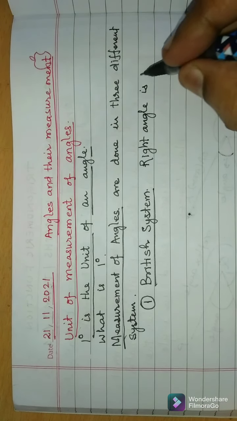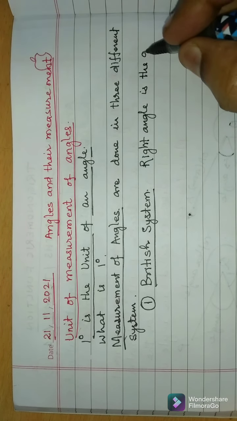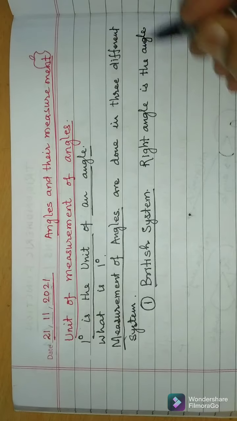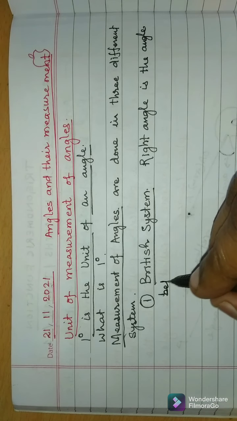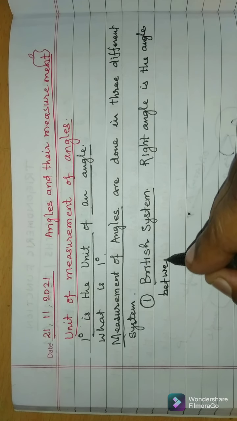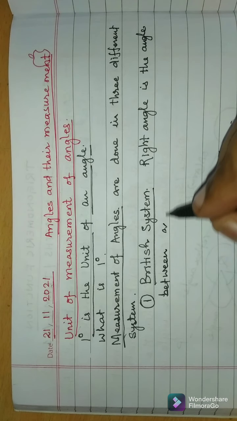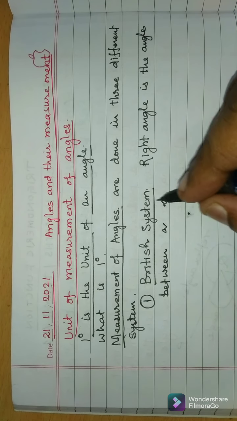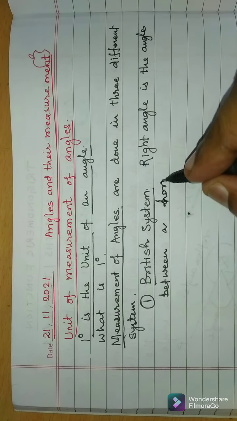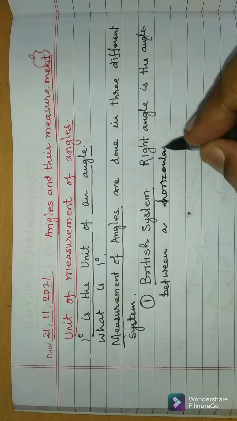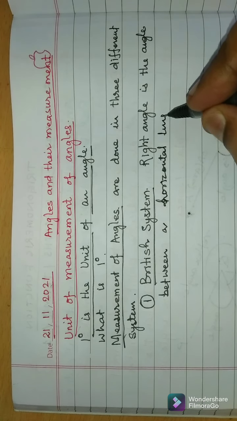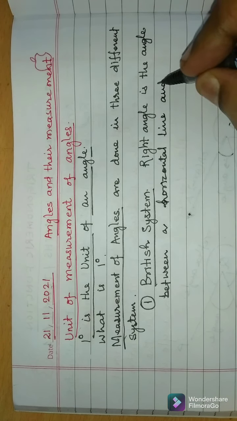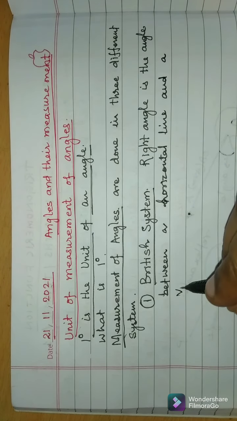A right angle is the angle between a horizontal line and a vertical line.